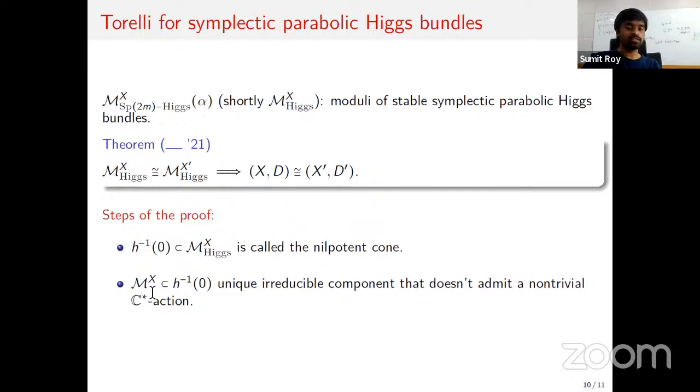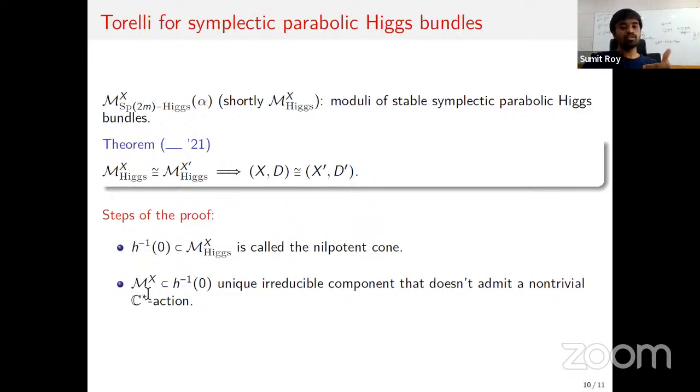So if you consider the nilpotent cone, the moduli space without Higgs sits inside uniquely.